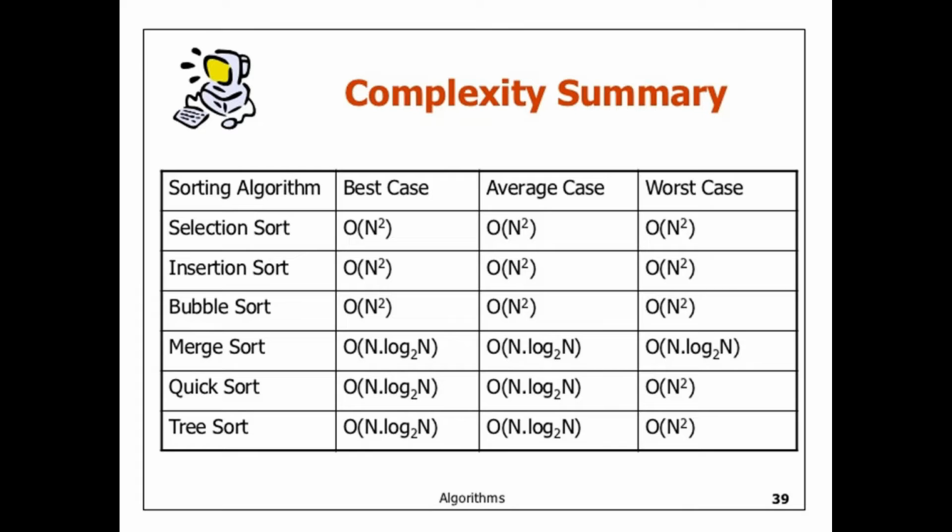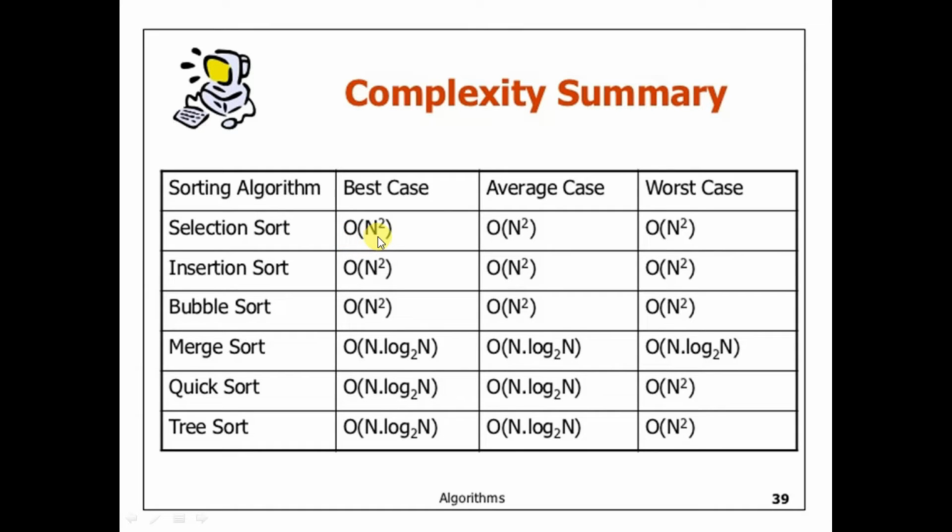Now in this slide, we have compared the sorting algorithms, their best case, average case and worst case. So for sorting a list of elements, we have taken selection sort, insertion sort, bubble sort, merge sort, quick sort and tree sort, and these are the performance of those algorithms. Okay. So for selection sort, the best case performance is n square.